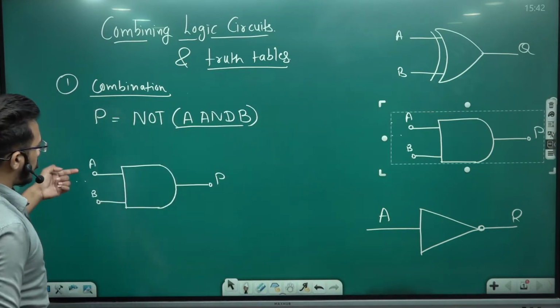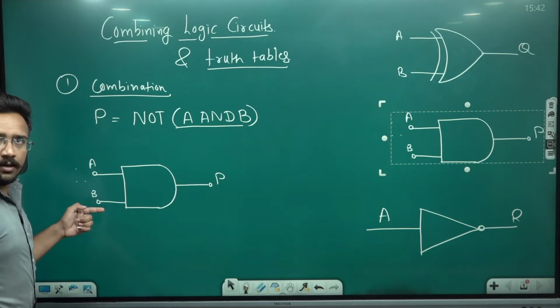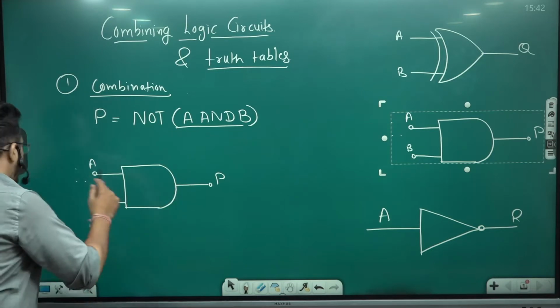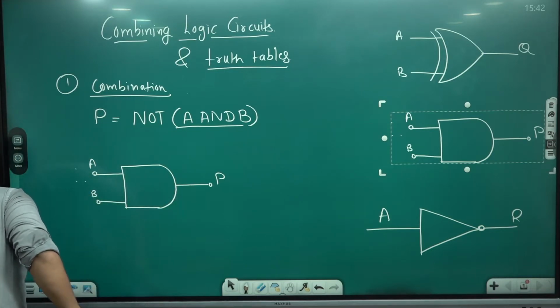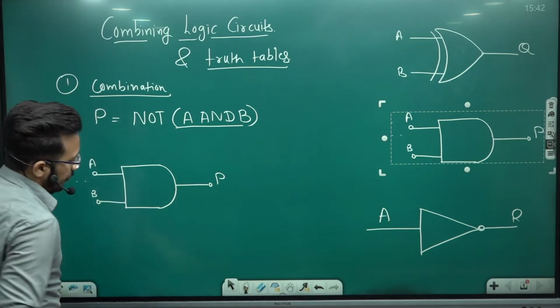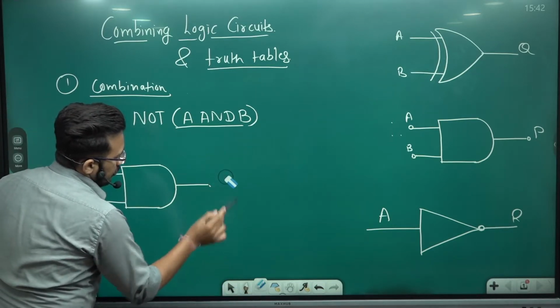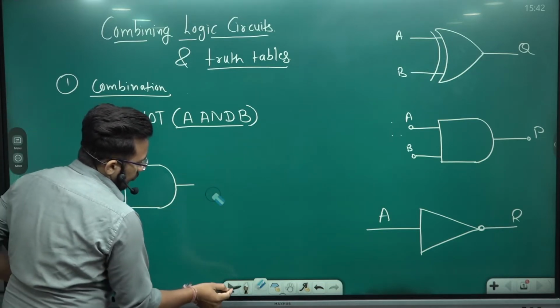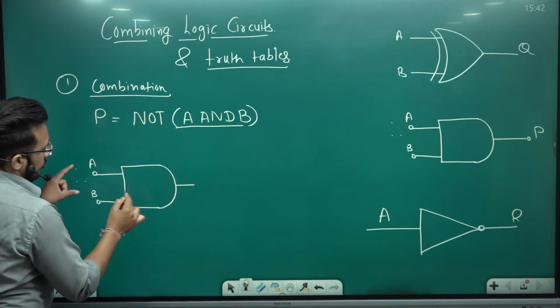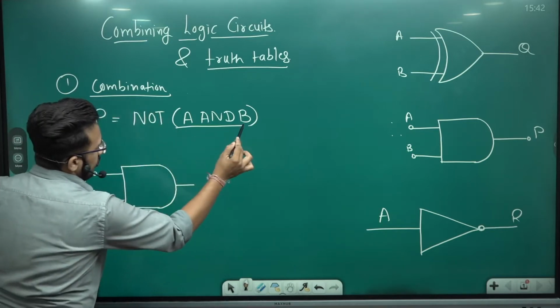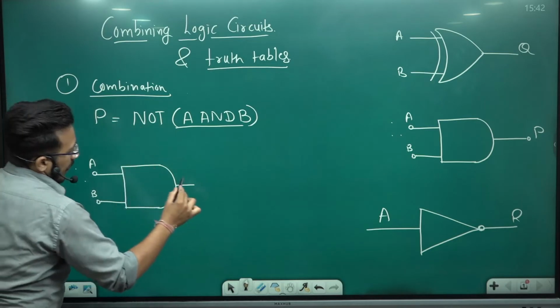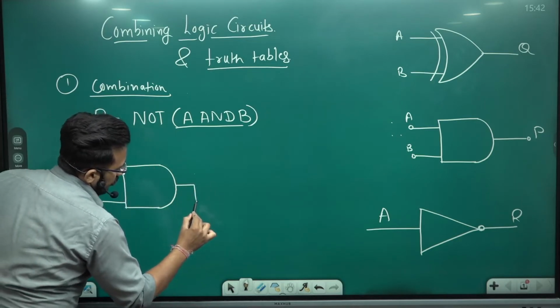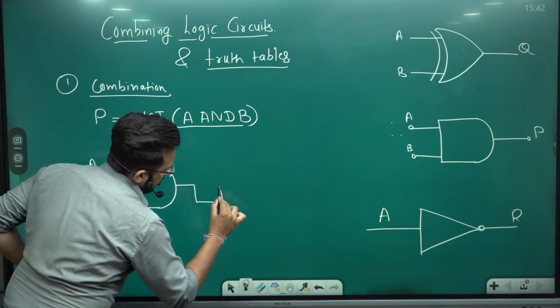So this is A AND B, and the output is P. No, our output is not P, right? We have to write NOT (AB). So the result of A AND B goes into the NOT gate.